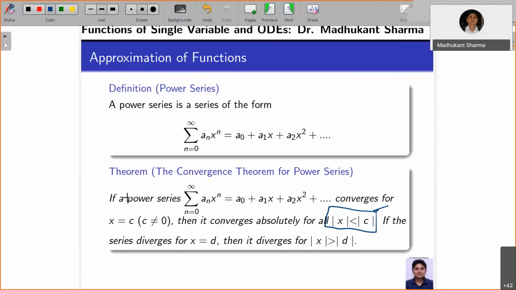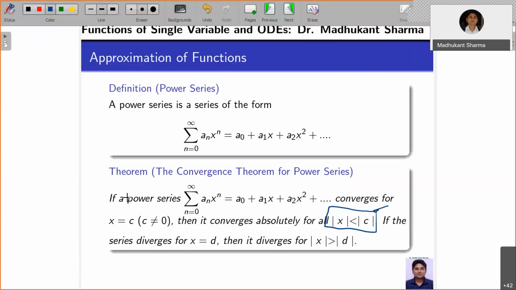You have already learned many concepts for finding the limit of a sequence. So a_n by a_(n+1) is again a new sequence. You do that, find the R, and then you can identify the interval of convergence. Where it converges absolutely, you are allowed to do term-wise integration and term-wise differentiation for the power series.